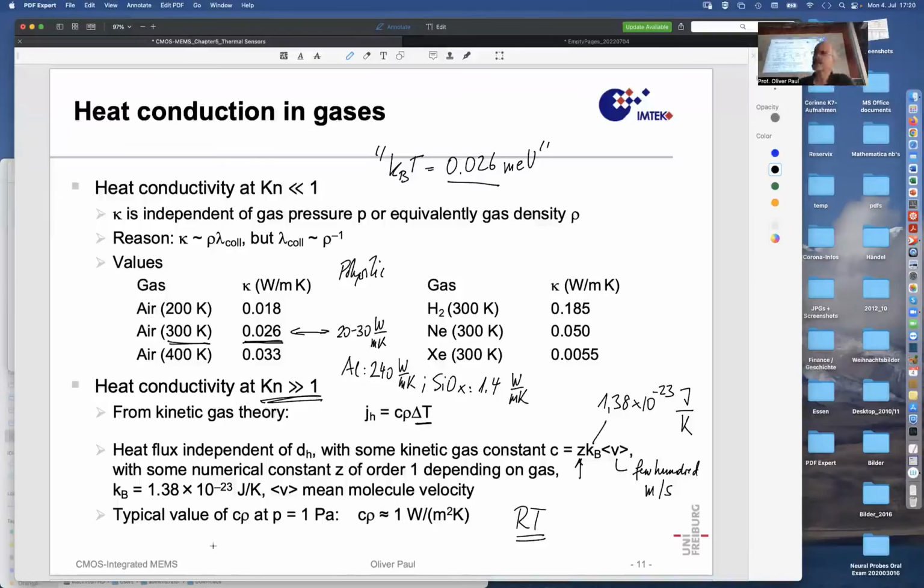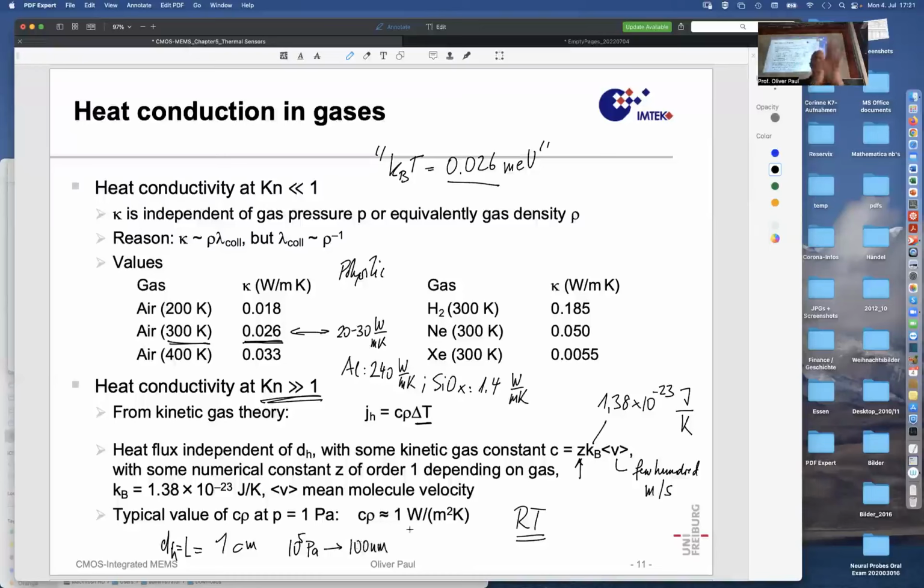Let me just estimate at what pressure for 1 centimeter this would break down. So 1 centimeter distance, L equals 1 centimeter, or we call it DH, the characteristic distance. So at what pressure am I no longer in this Knudsen regime? Well, for 10 to the 5 Pascal, I know the collision distance is 100 nanometer.